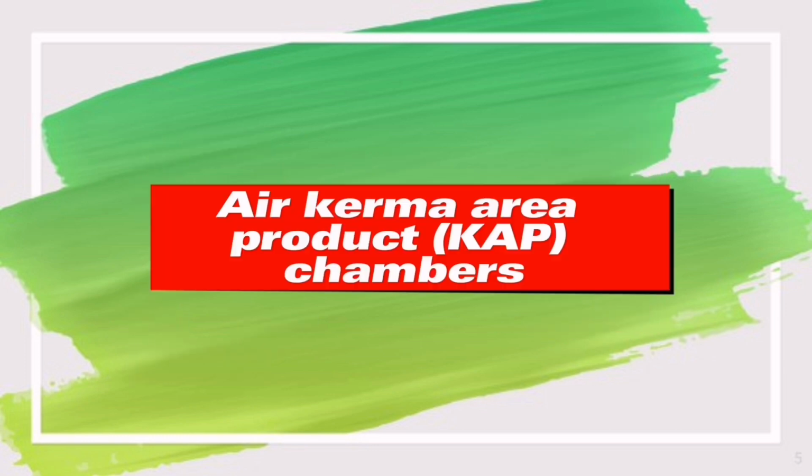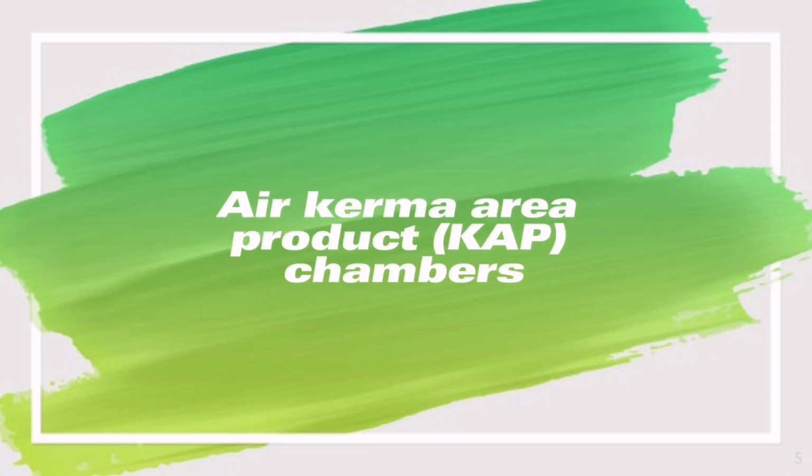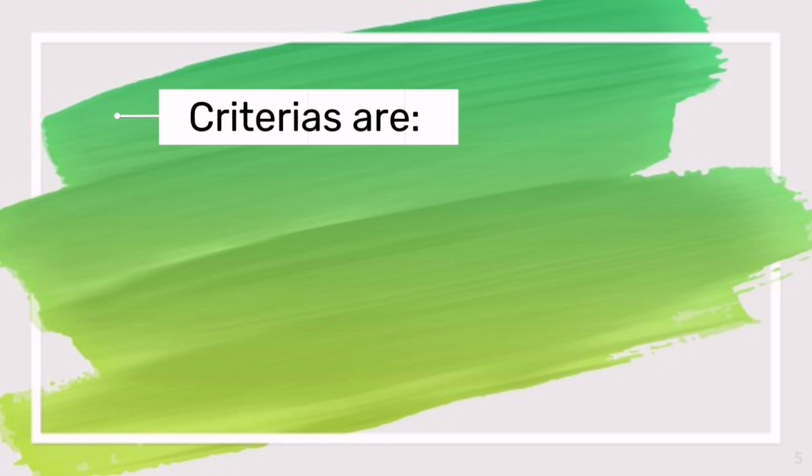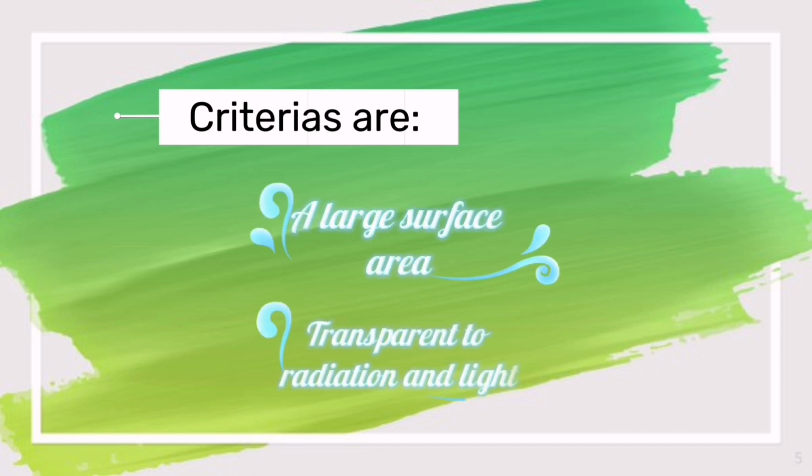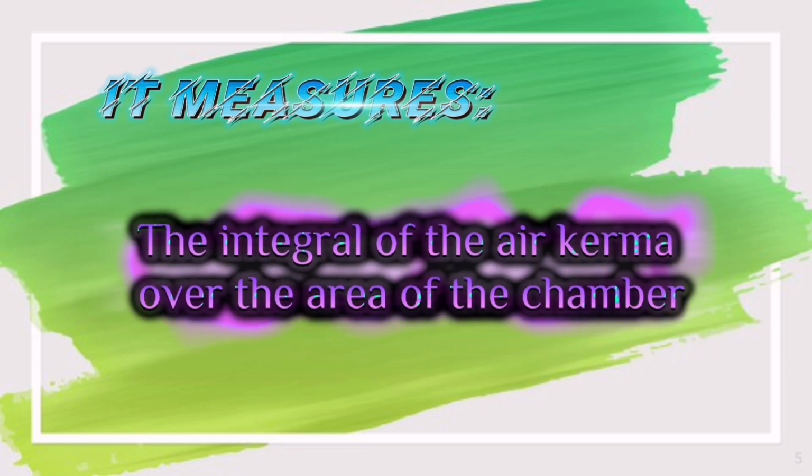Ionization chambers have also become air kerma area product or KAP chambers. The criteria are to have a large surface area and be transparent to radiation and light. It measures the integral of the air kerma over the area of the chamber.